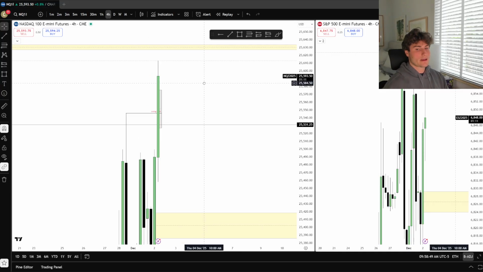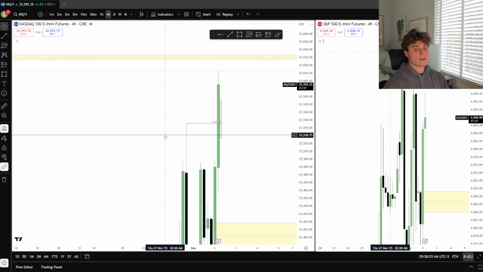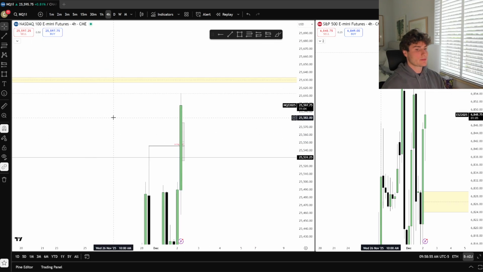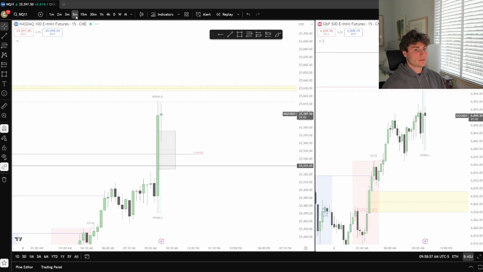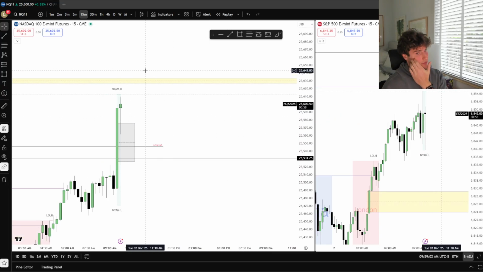Yeah, this bearish SMT is really weird. I would still long though because this 4 hour fair value gap is getting inversed. I think a long off of this 15-minute gap would be beautiful.